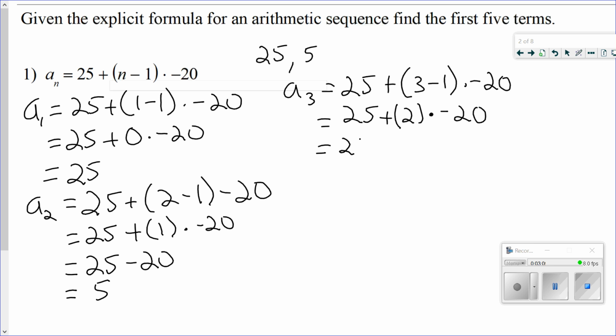That'll leave me with 25 plus negative 40, but let me write that like this: 25 minus 40. And that's going to get me negative 15.